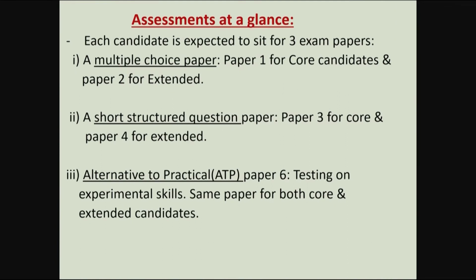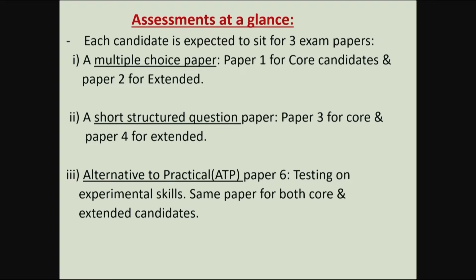Assessment at a glance. Each candidate is expected to sit for 3 exam papers, and it's important to know that you are by now referred to as candidates because you're being prepared for your final exams. These 3 papers will be: first, a multiple choice question paper, paper 1 for core and paper 2 for extended candidates.